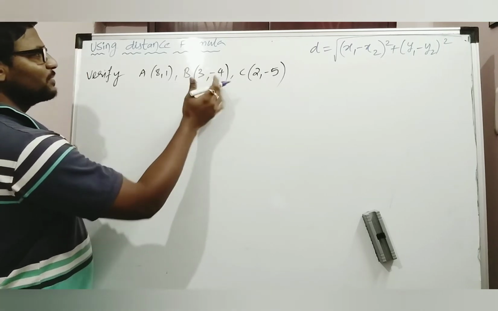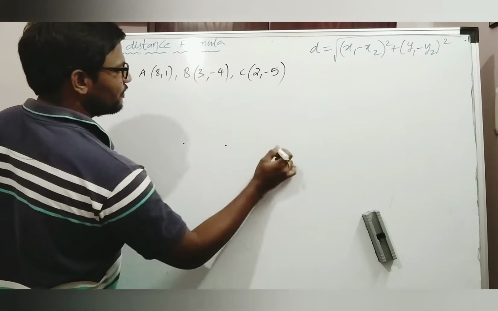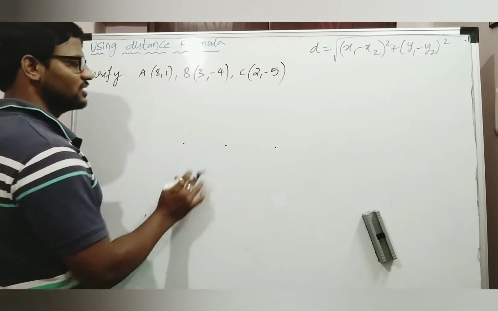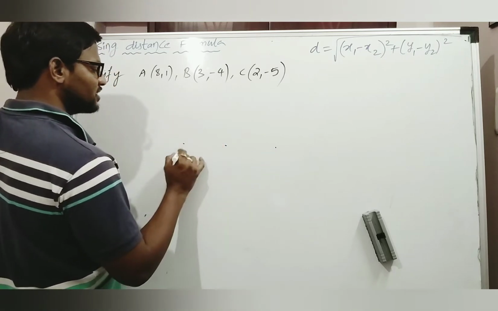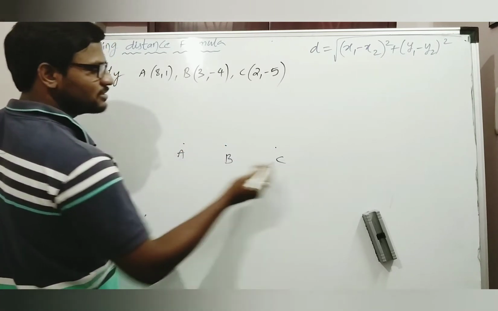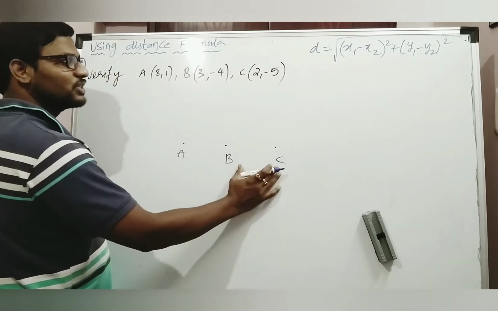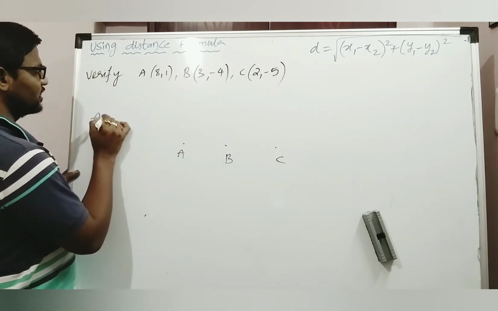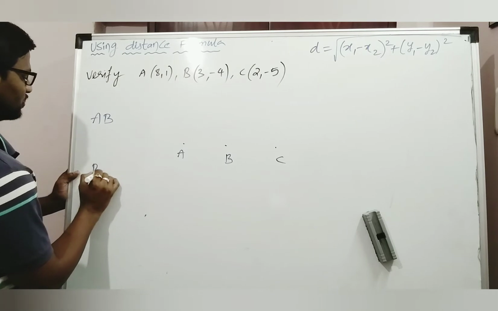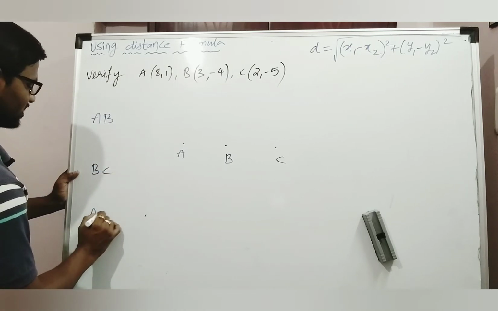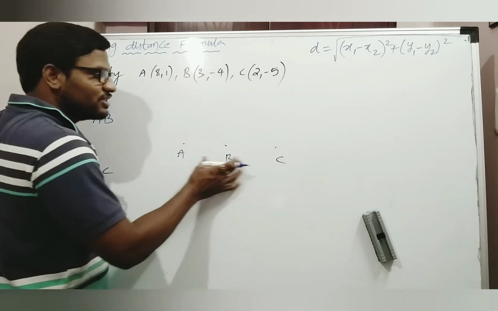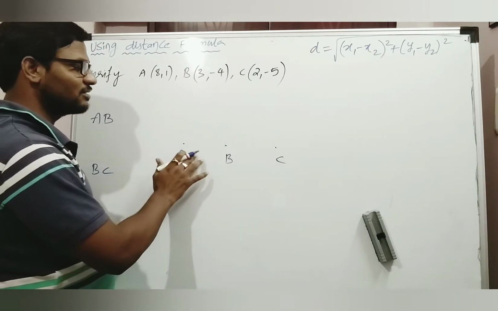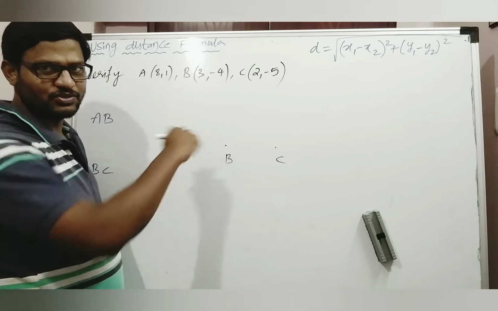To verify these 3 points are collinear, we have to check whether they lie on the same line or not. First find the length of AB, length of BC and length of AC. If the sum of two of these lengths equals the third, then these 3 points will lie on the same straight line.